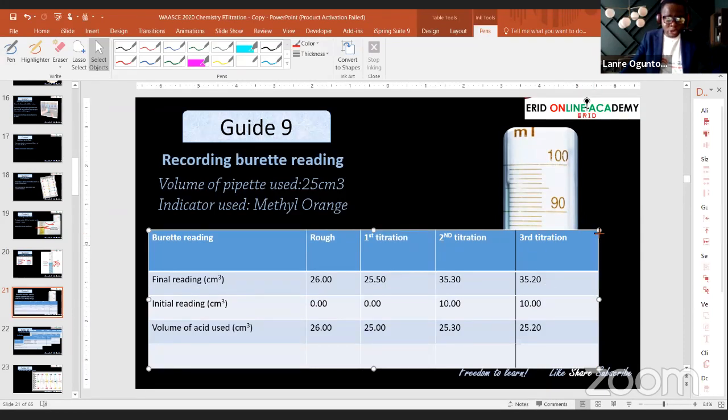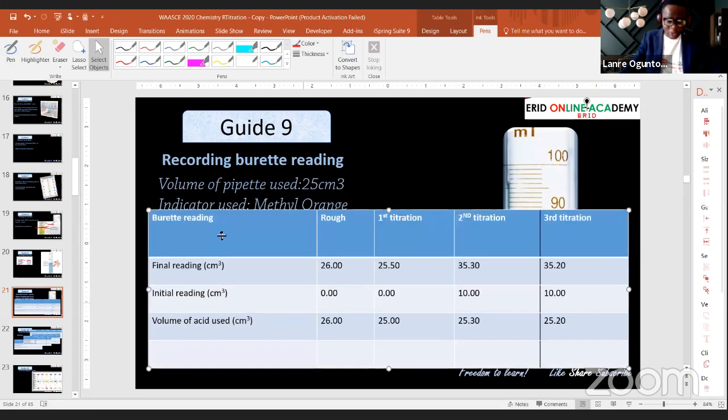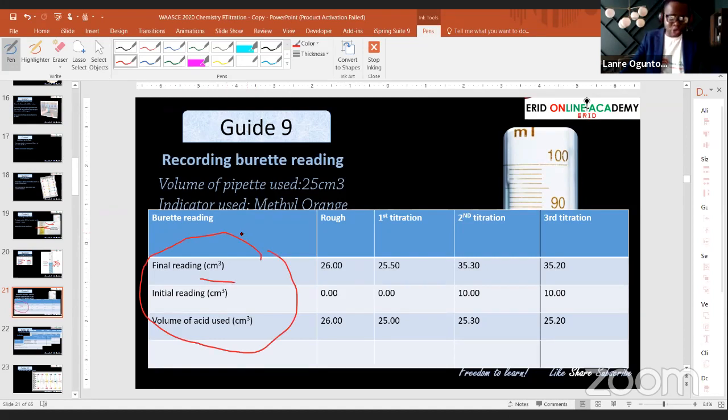In this table, you have this particular column, burette reading, and you have final reading, initial reading, and volume of acid used. So you write all that around here. Then you put your units there. Also you need to know in your unit that 1 mL is equal to 1 cm cube.